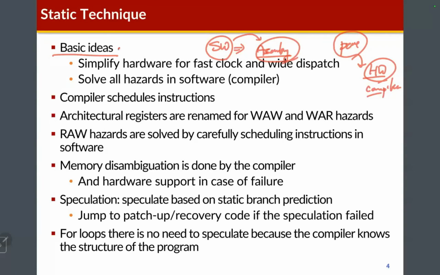So the basic idea is that we want to use simple hardware, and the performance can be improved by compiler techniques. That is the basic idea of LIW or VLIW.